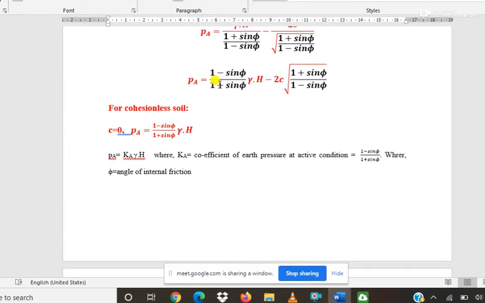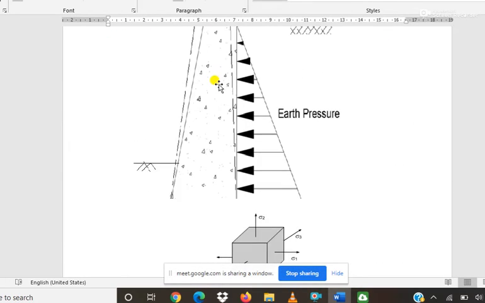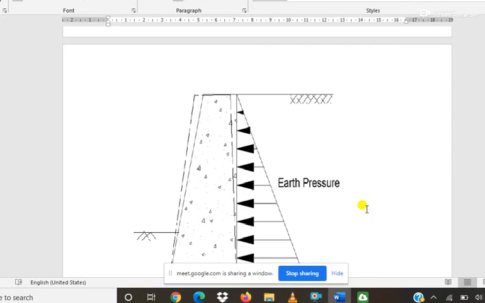That means the movement of the wall is actually due to the vertical pressure.